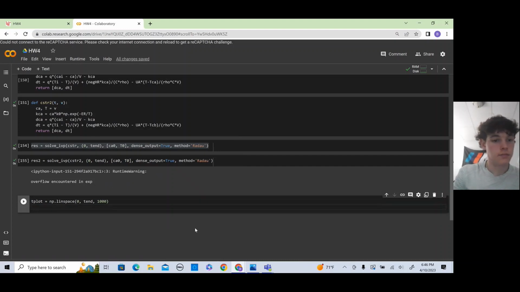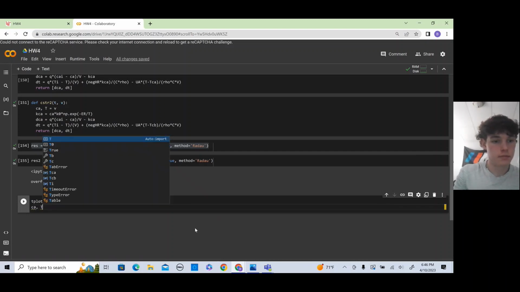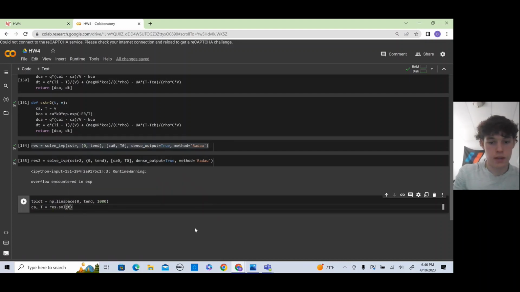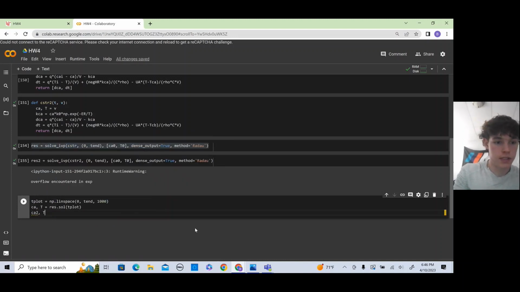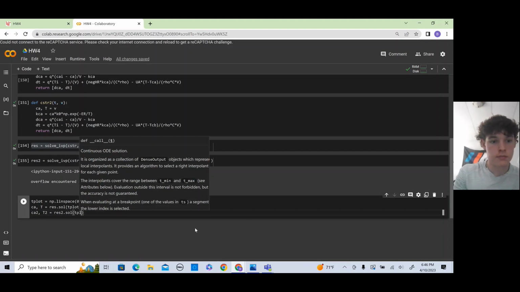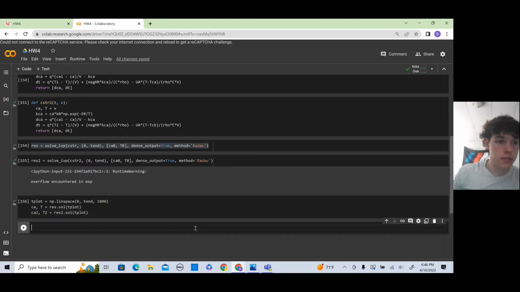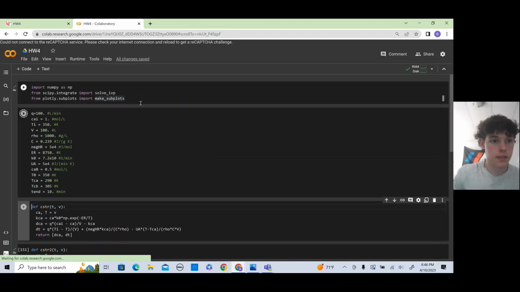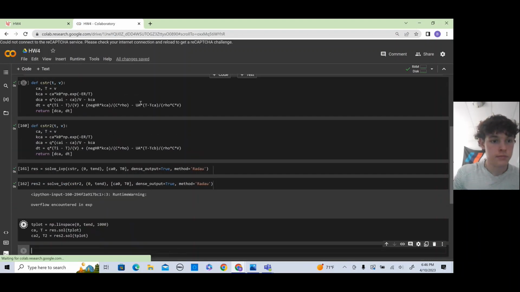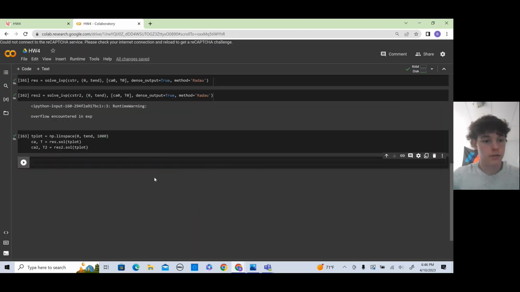And then our CA and our T will be equal to our res.sol for every value of t plot, and then our CA2 and our T2 will be equal to our res2.sol of our t plot again. At this point, I'm going to make sure if we just go from the top, everything still works. All right, and now we can move on to plotting these out.